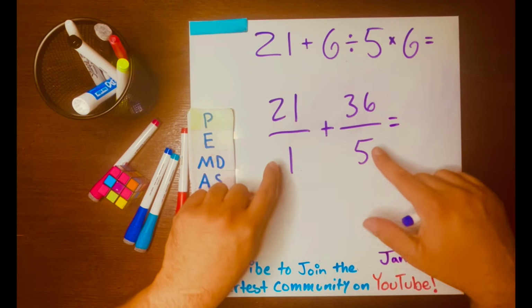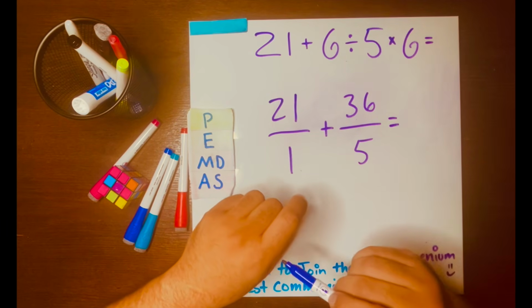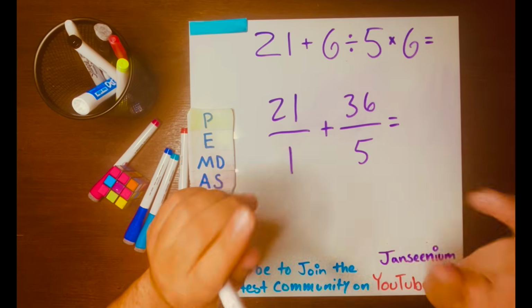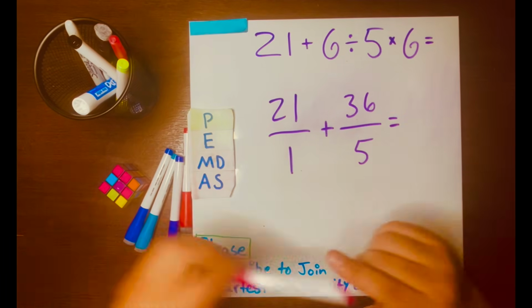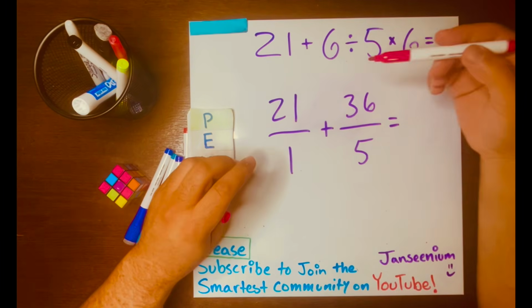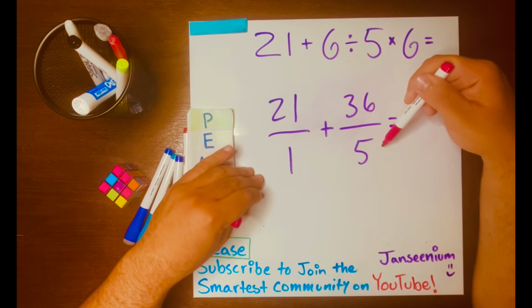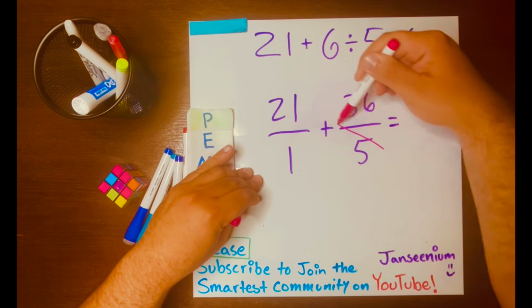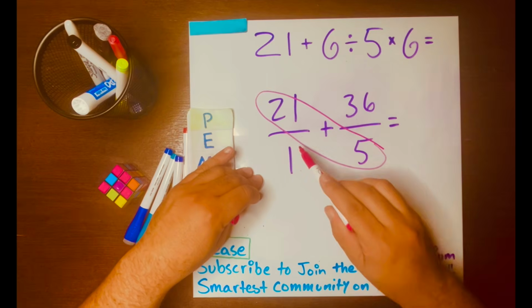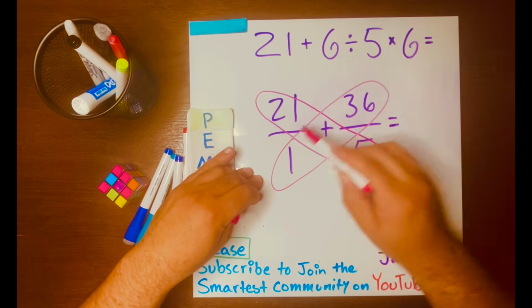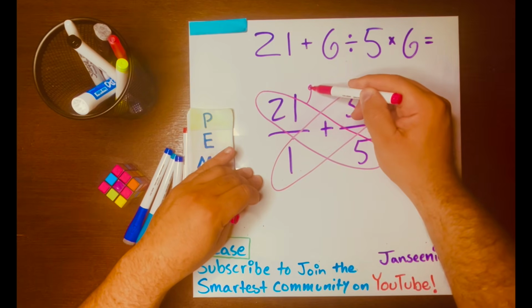Notice that I am adding two fractions, but the denominators are different. And so I am going to use the butterfly method. So I draw the wings and you multiply what's inside the wings and then you write the results above the antenna.